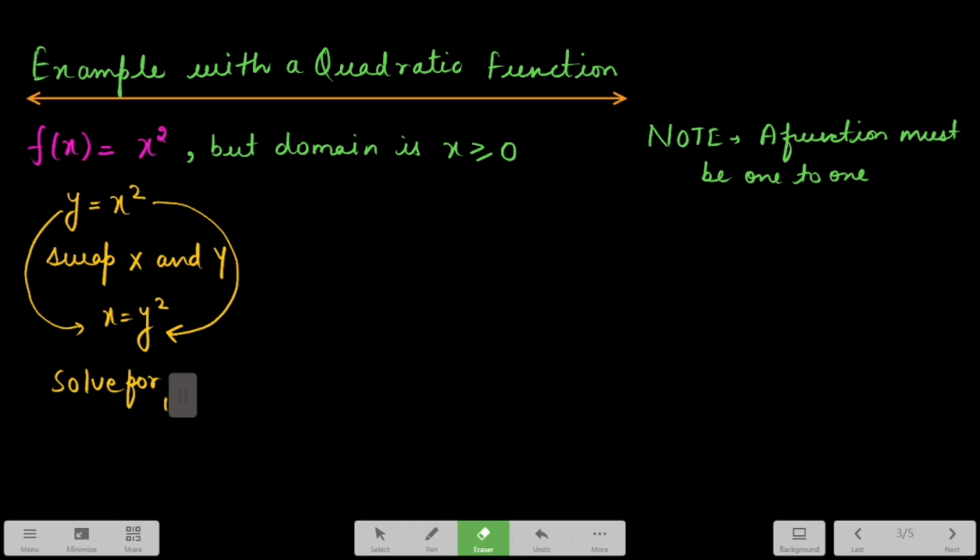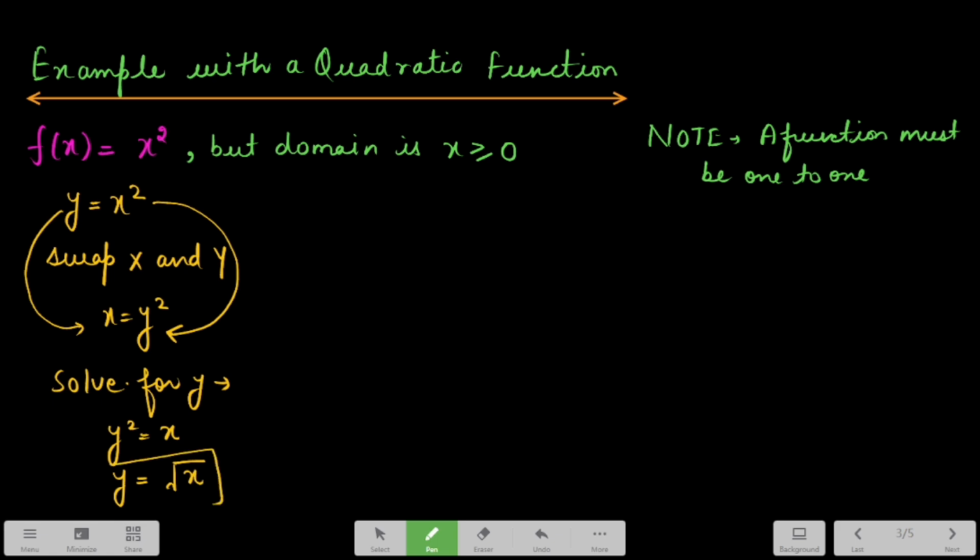So to solve for y, what will you do? y squared = x is given. You have to find the value of y. So it will be the square root of x. So y = square root of x.